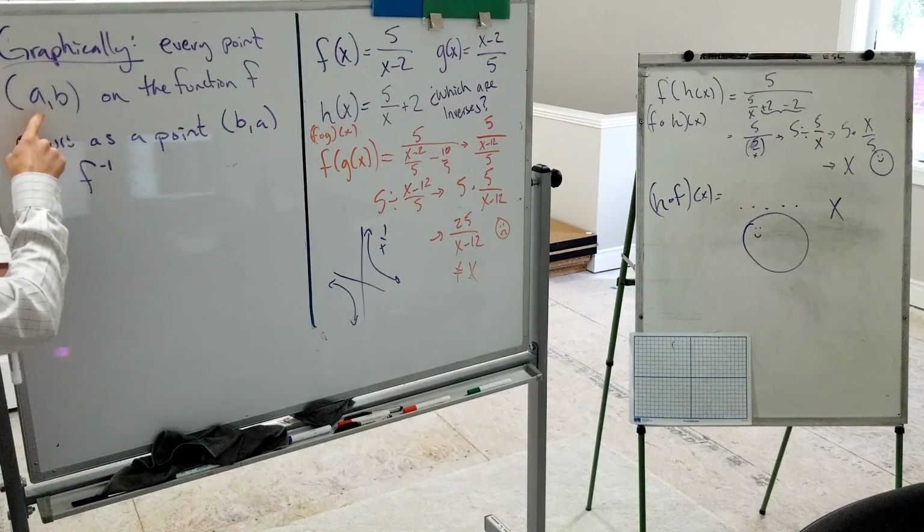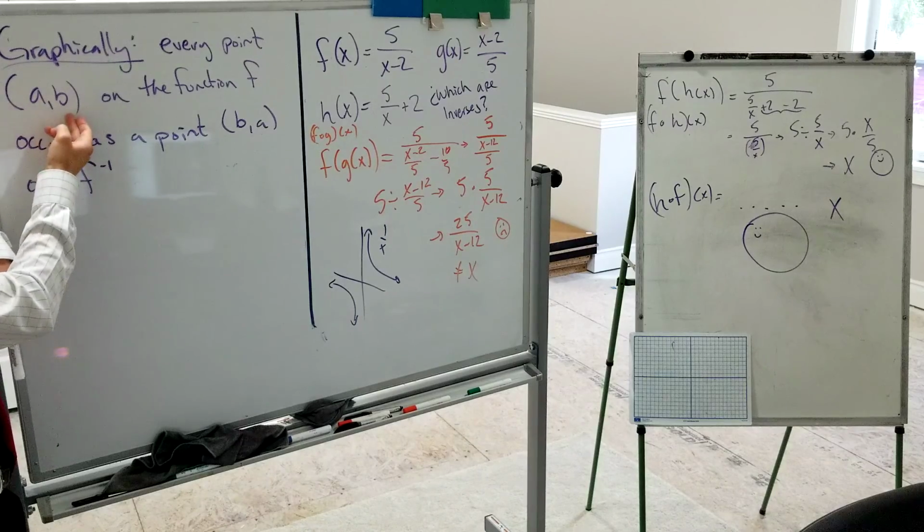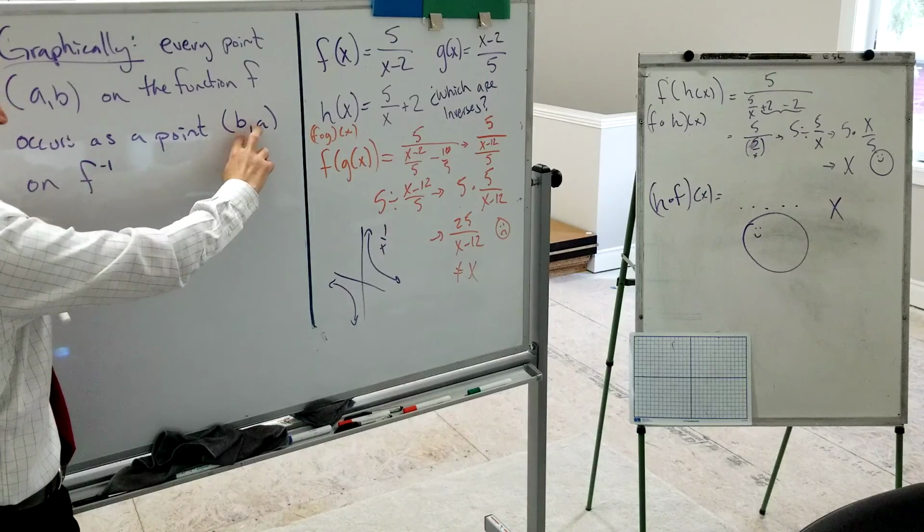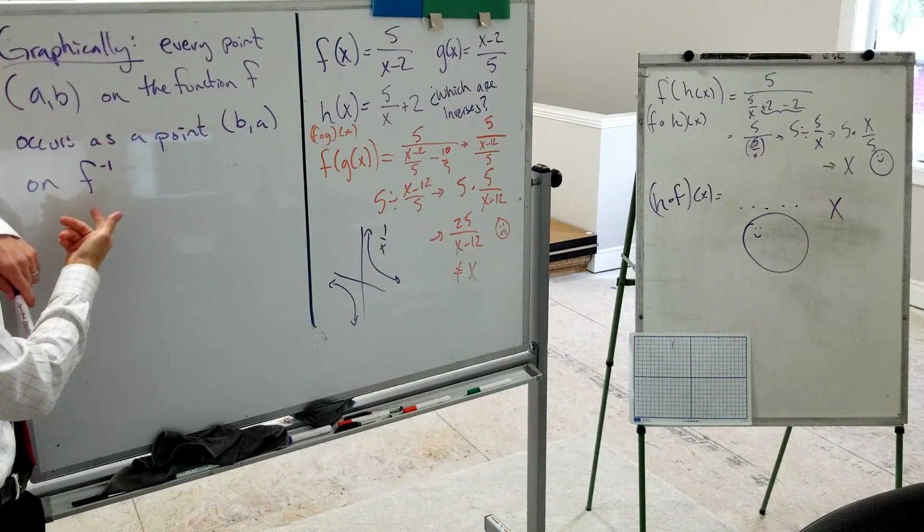So every point a comma b, so x number, y number, on the function f, occurs as a point b comma a. So the swap of those two on the inverse function.